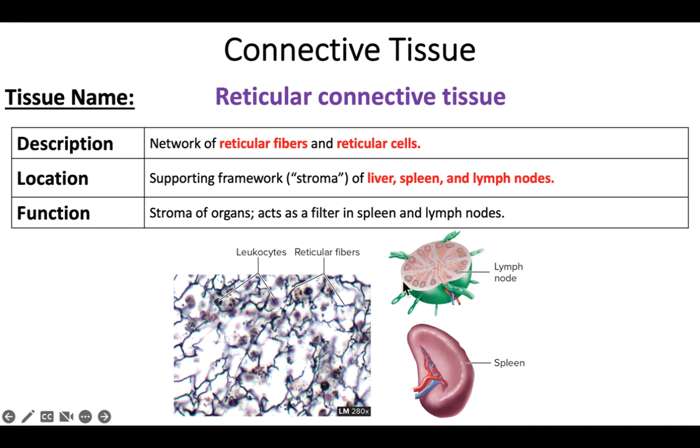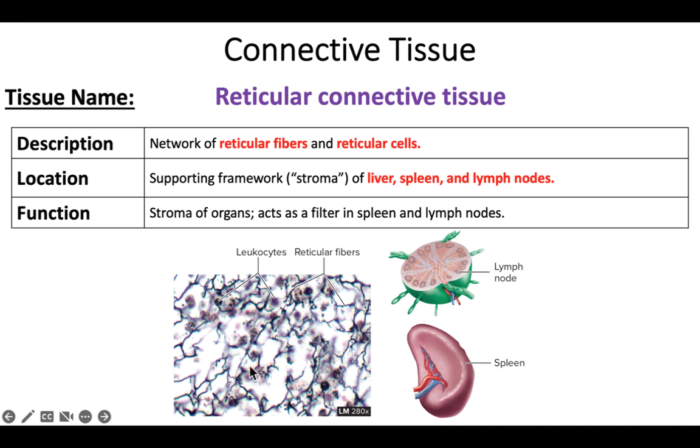So here's a drawing of a lymph node. Here's a drawing of the spleen. This would be what it looks like under the microscope. One additional function for it is it kind of acts like a filter. So these lymph nodes and the spleen, what they do is they filter out microbes.